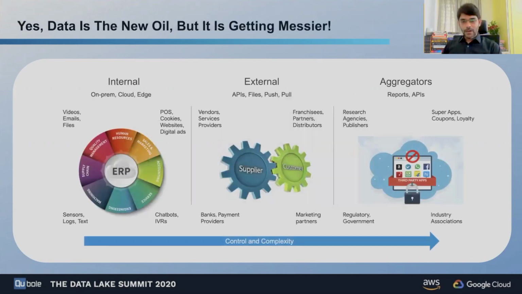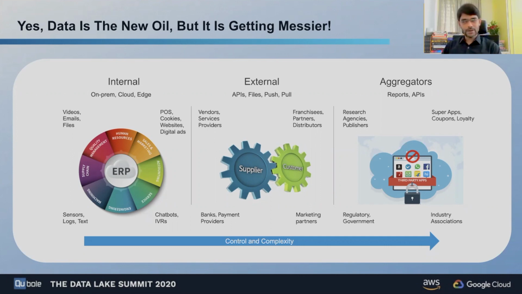Data is the new oil is by now a cliche, but that data is important cannot be overstated. A typical organization generates a wide variety of data: on-prem, cloud, edge.